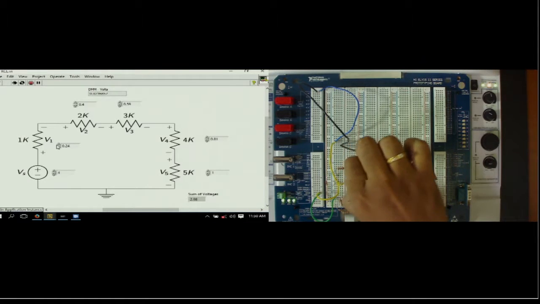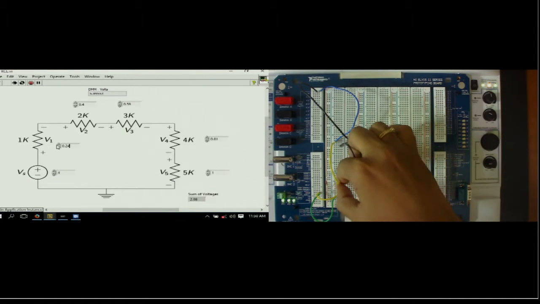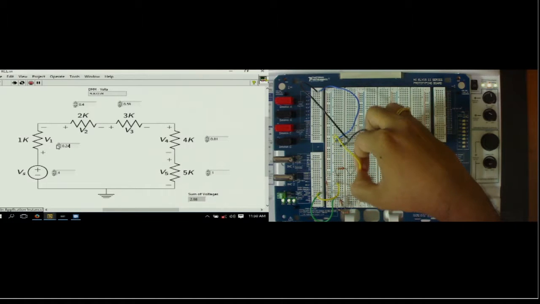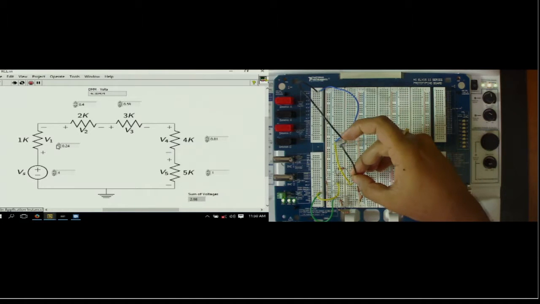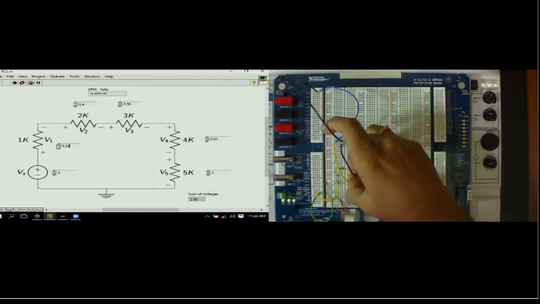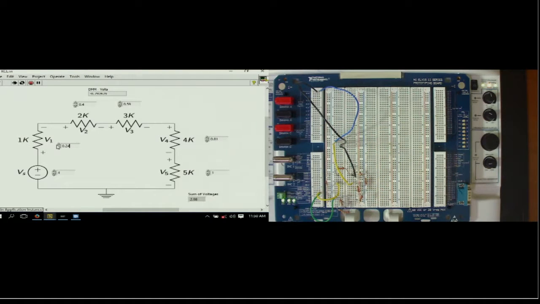Now let us measure V2. Let us change the wires. These two resistors constitute the voltage drop V2, so let us place the positive wire of the DMM here and the negative wire of the DMM here.